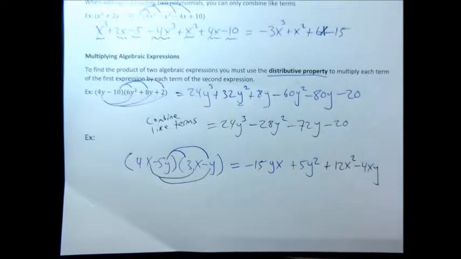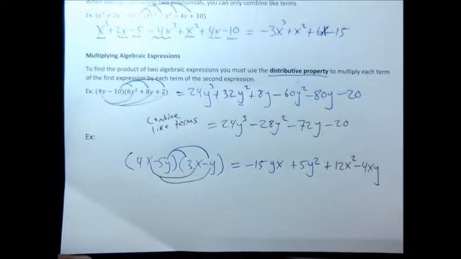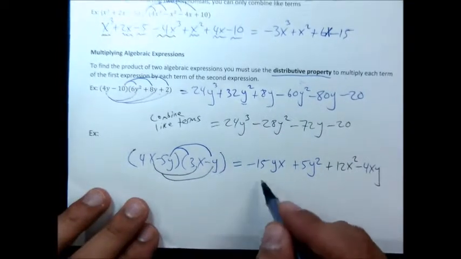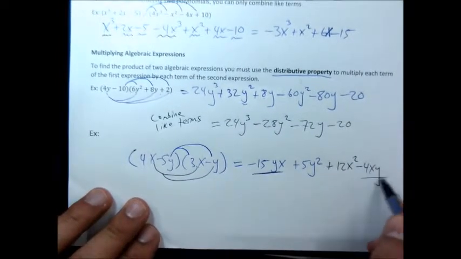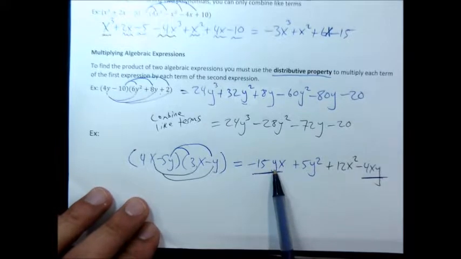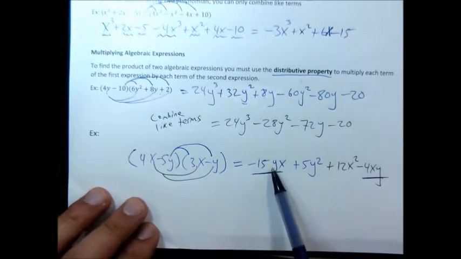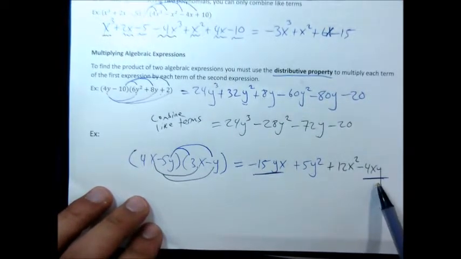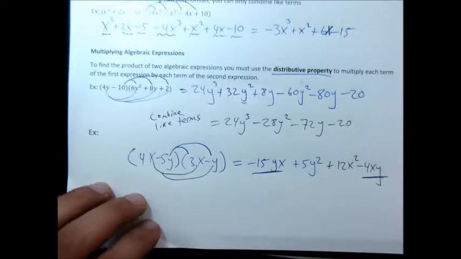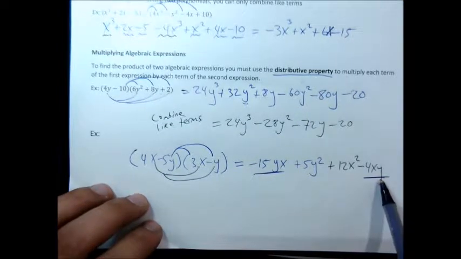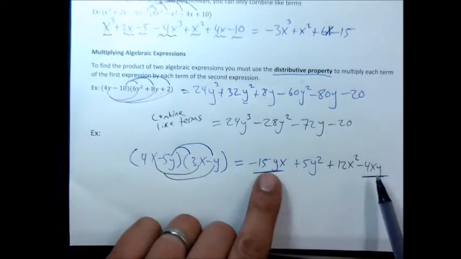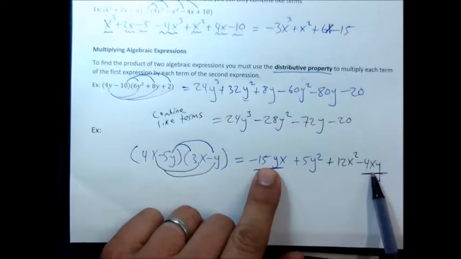So when I'm looking at this, they need to have the same variables with the same powers. And so this one and this one are like terms because they both have an x and a y. Even though this one says yx and this one says xy, you can rearrange those by the commutative property of multiplication. And so those are the only two like terms.